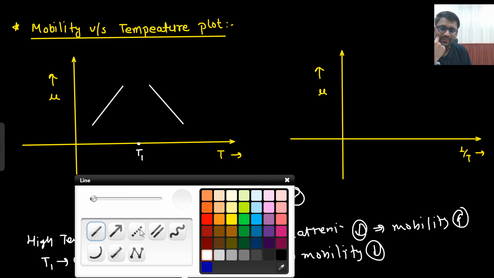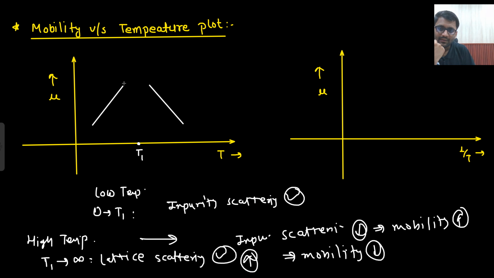So initially it was supposed to go in this direction, and this part was also supposed to go in this direction. But in the lower temperature range, impurity scattering was dominating, and in the higher temperature range, lattice scattering was dominating. In the higher range, if I increase the temperature, lattice scattering will increase and mobility will decrease.